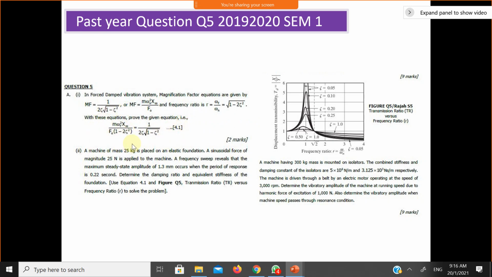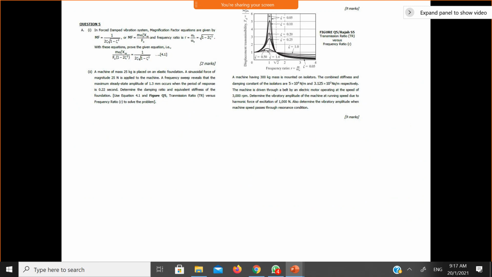Alright, macam mana nak prove? Any idea? Bila ke kita nak prove, macam mana kita nak prove? Just masuk-masuk je lah kan? Masuk-masuk je dan contoh. Sekejap. So kita ada MF 1 over 2 zeta 1 minus zeta square.